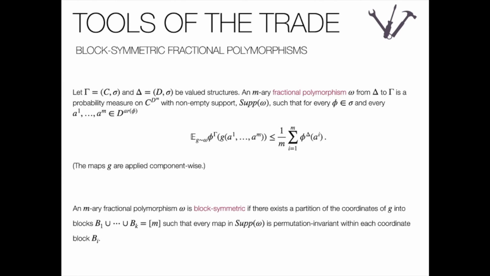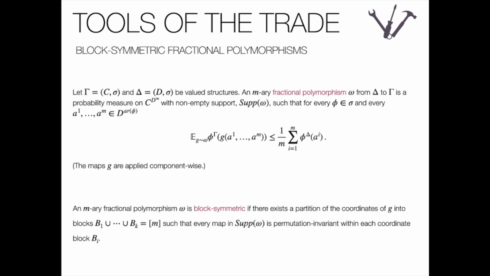An m-ary fractional polymorphism ω from Δ to Γ is a probability measure on the set of maps from D^m to C with non-empty support, and such that for every cost function φ from σ and every choice of m many tuples a1 up to am from D to the arity of φ, we have that the expectation of φ of g applied component-wise to a1 up to am in Γ, where g is distributed according to ω, is at most the arithmetic average of φ(a1) up to φ(am) in Δ.